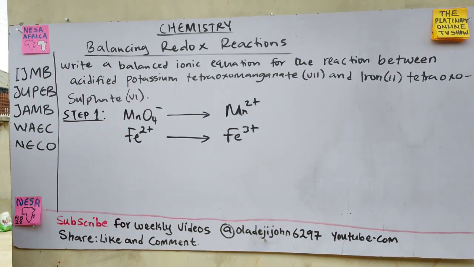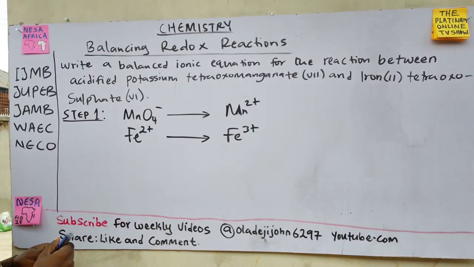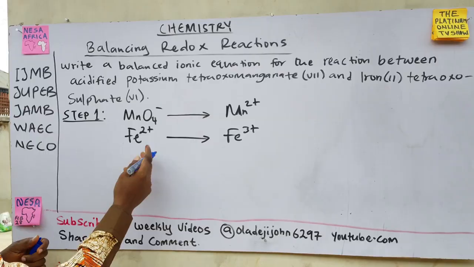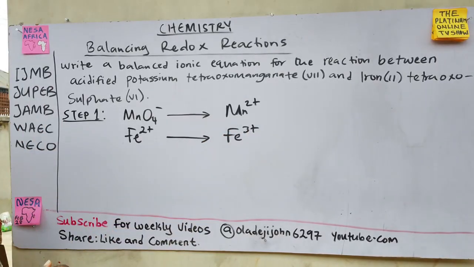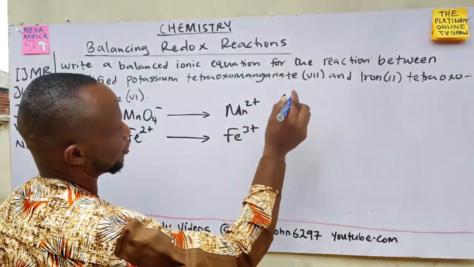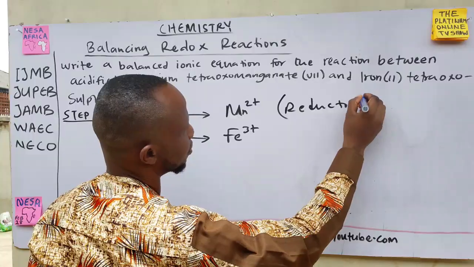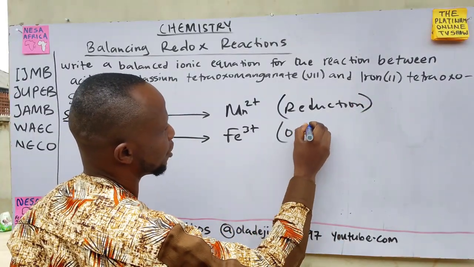We also have the basic medium, which we'll look at later. In step 1, we have successfully written the first half: this is the reduction half and the oxidation half.